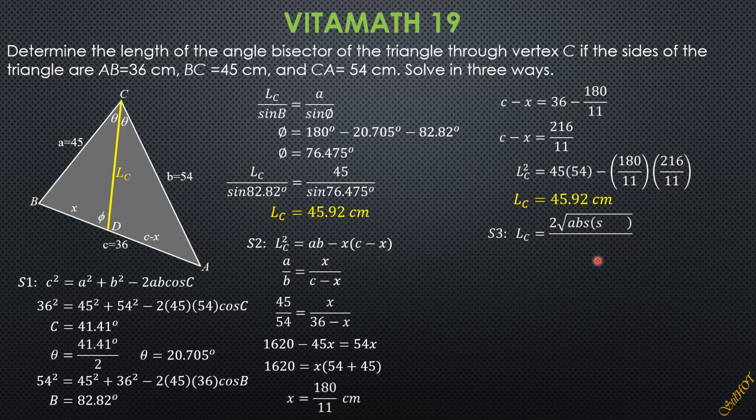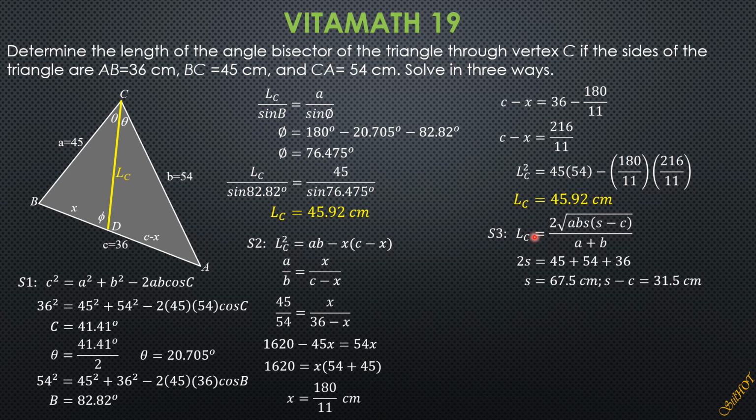L sub C is 2 square root of ABS, quantity S, times S minus C, all over A plus B. So S is half the perimeter. So it is quantity 45 plus 54 plus 36 over 2, or 2S is A plus B plus C. So S is equal to 67.5 cm, and S minus C, 67.5 minus 36, is 31.5 cm.